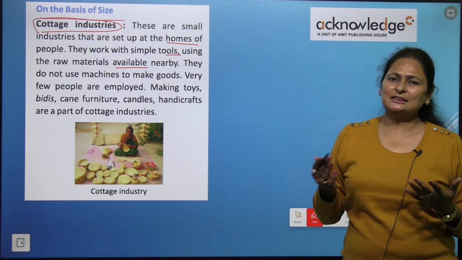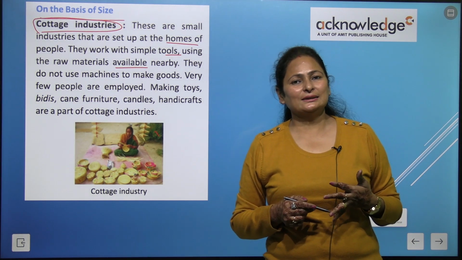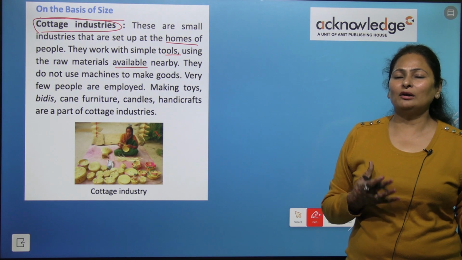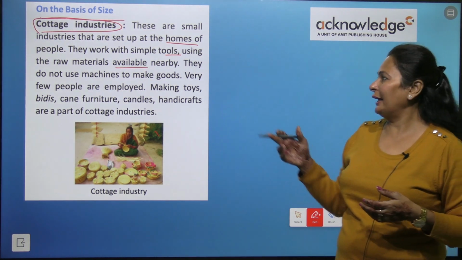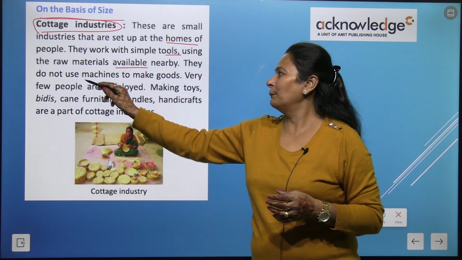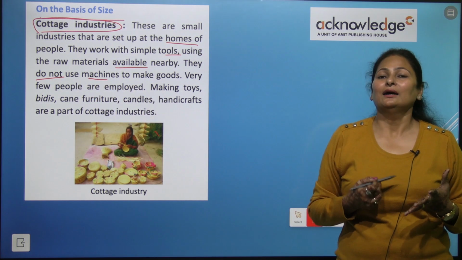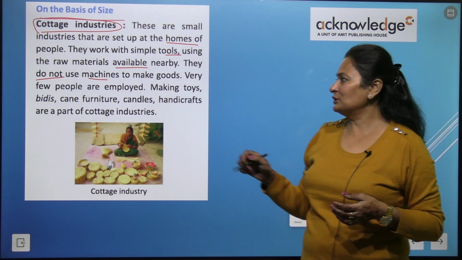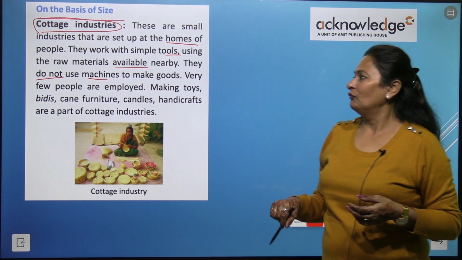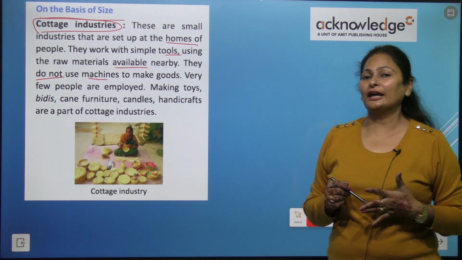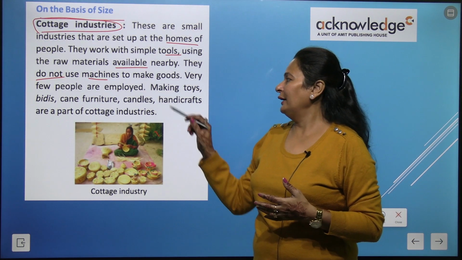You can see 5-6 people are working in this industry because it's very small. A family is involved in producing goods, right? They do not use machines. They make these products with their hands only. Very few people are employed in this industry.